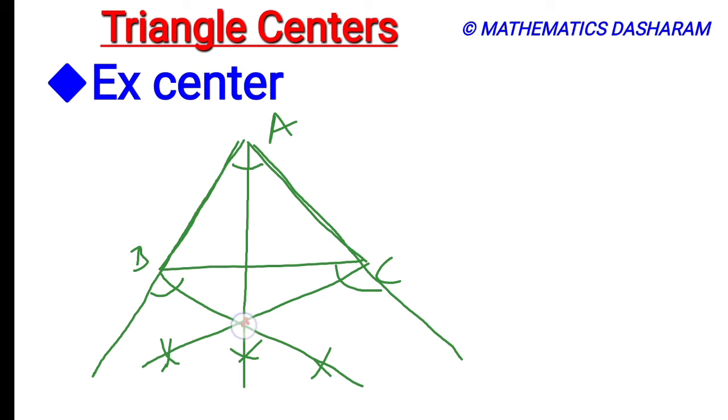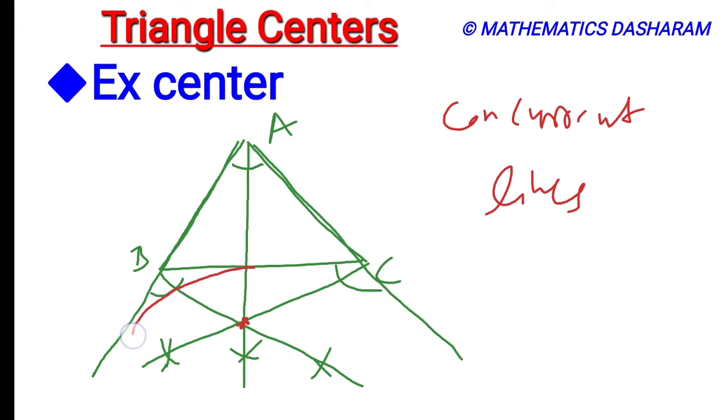So, the 3 lines are called concurrent lines, and the point of concurrency is called the excenter. Using this excenter, we can draw one circle which touches one side of the triangle internally and the remaining 2 sides externally.